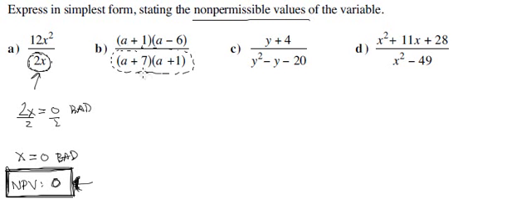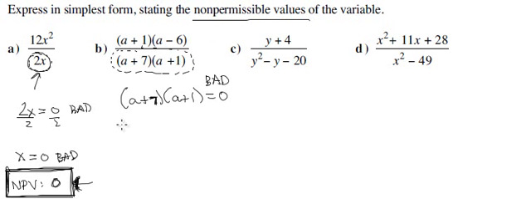With expression b, we take the whole denominator, (a + 7)(a + 1) equals 0, and we're saying this would be bad. If that denominator goes to 0, then we get division by 0, which we can't handle. Now, if you've taken the polynomials unit, you know how we handle this. This is the zero product theorem again.